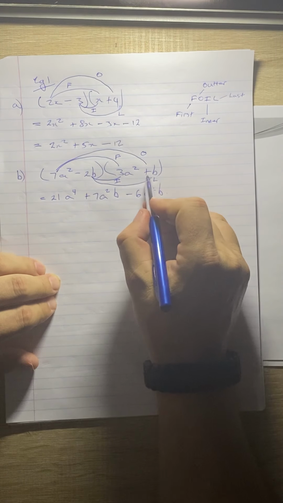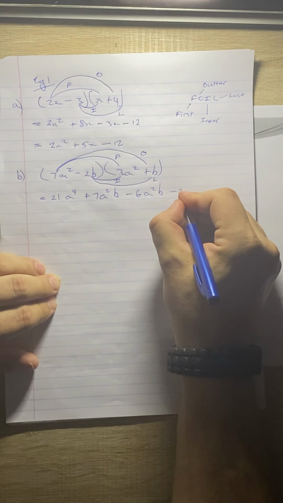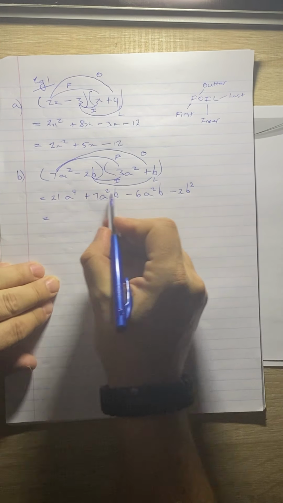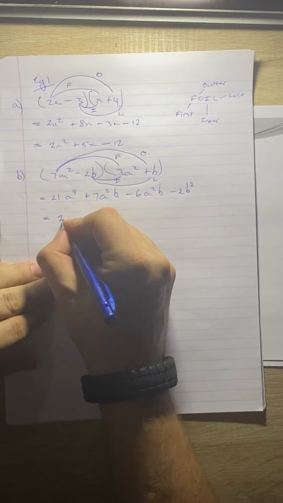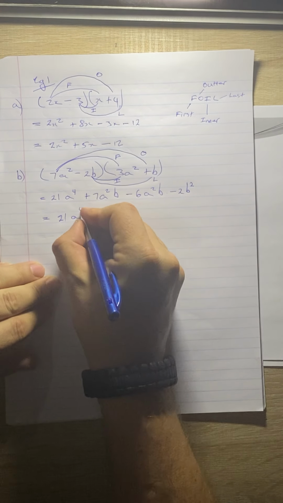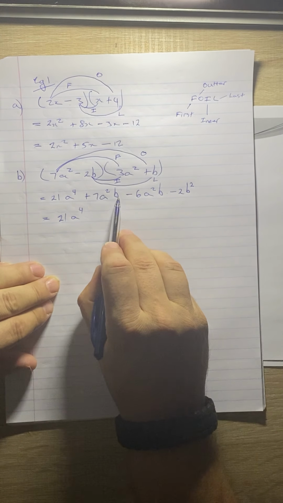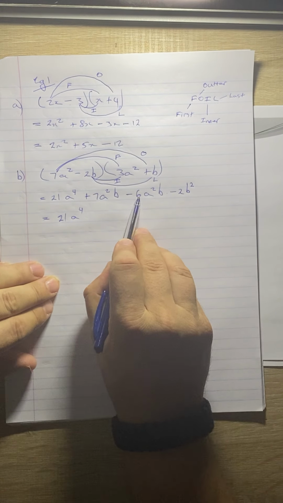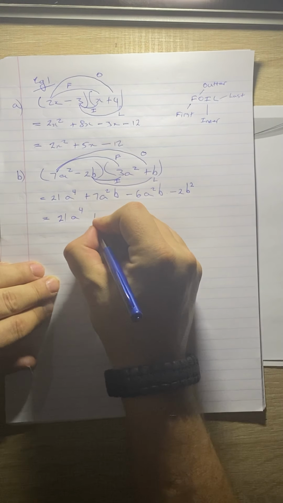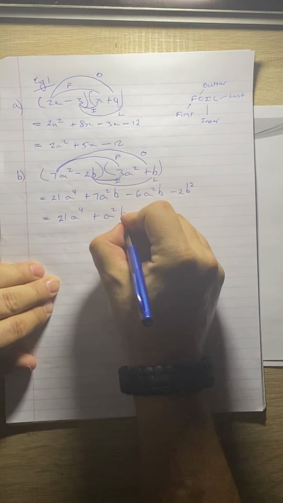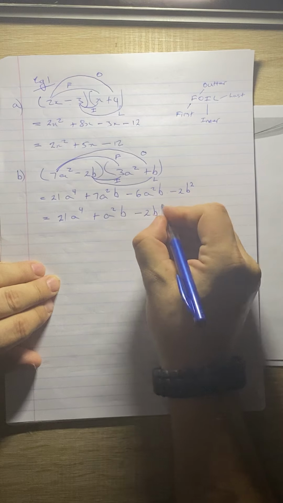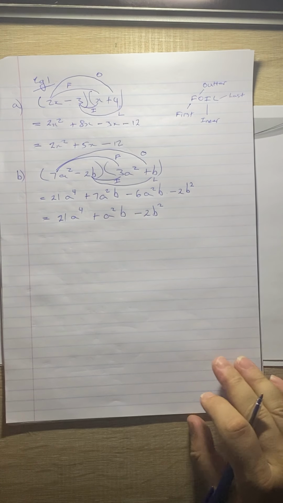Minus 2b times b gives us minus 2b squared. Just get like terms together. There's no other a to the 4s, so we just write 21a to the 4. A squared b, so these are like terms, so we've got 7 minus 6 of them, which gives us 1 a squared b. And then we're just left with that last term, minus 2b squared. Okay.